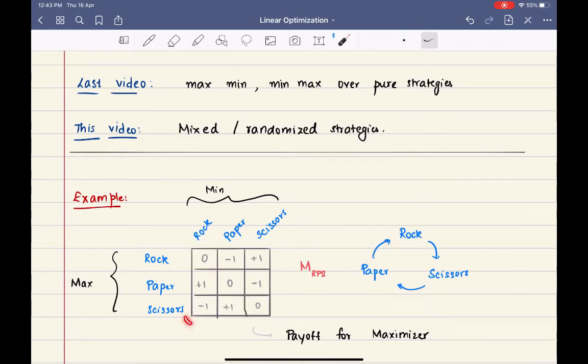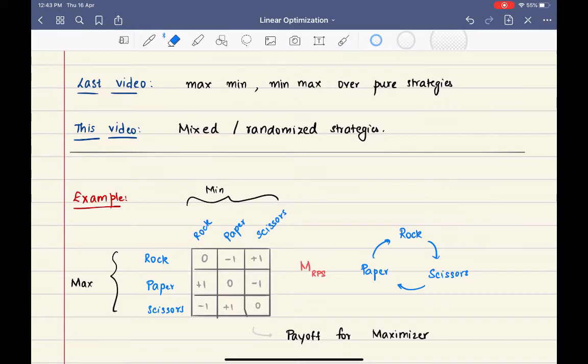Okay, so this is the payoff for the maximizer. If max chooses rock and min chooses rock, there is a draw, so the payoff is 0. Rock and paper, max gets -1 because paper is better than rock, and rock versus scissors, there is a +1. So similarly you can fill the rest of the cells.